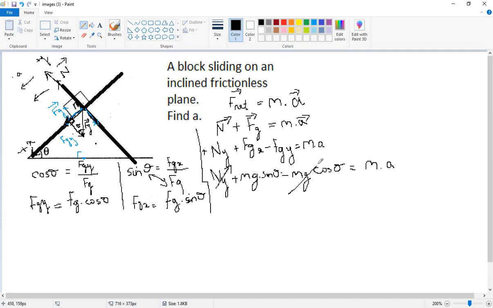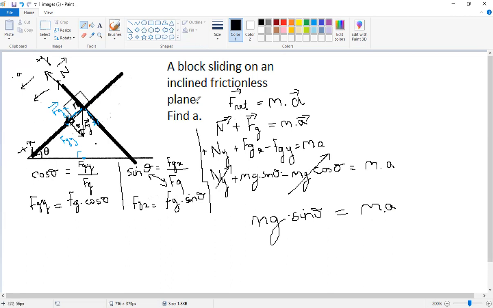We will end up just with the force directed along the x-axis, and that force is FGX, which is mg sine theta. So mg sine theta equals ma.